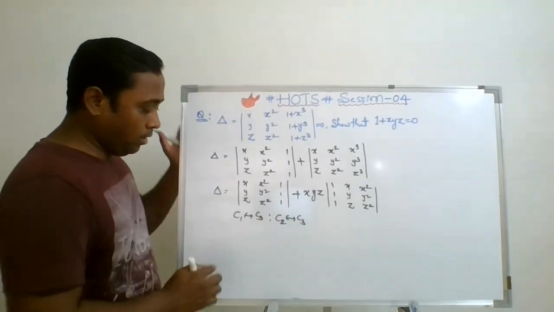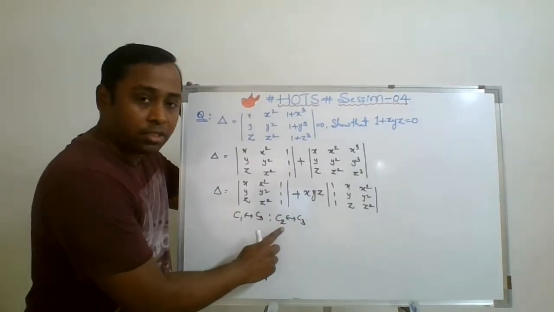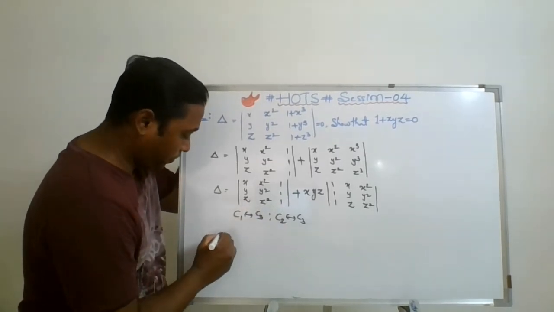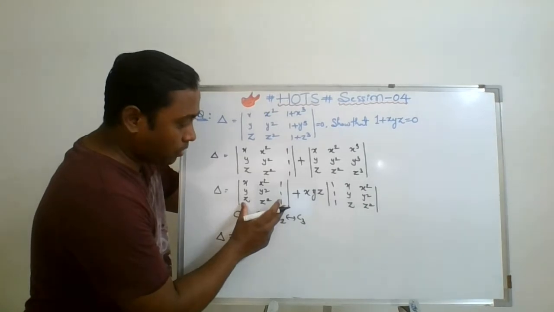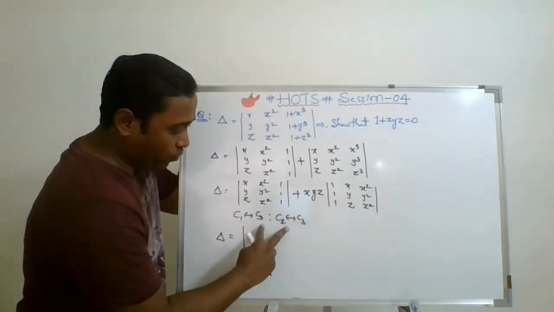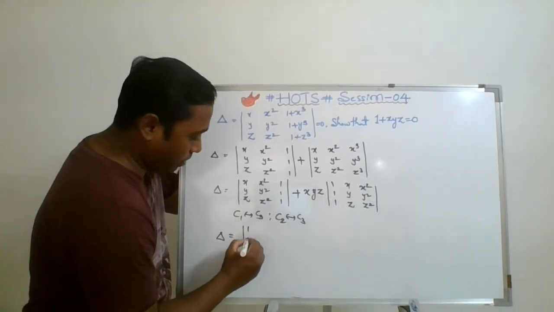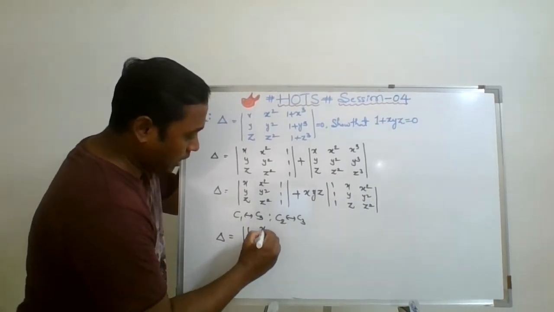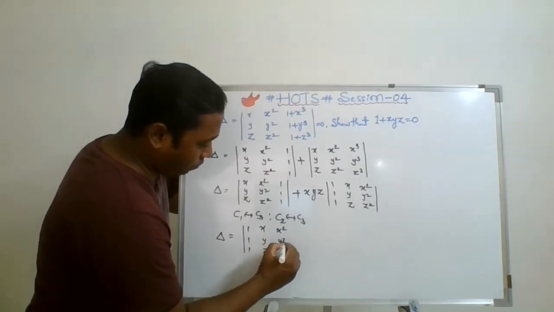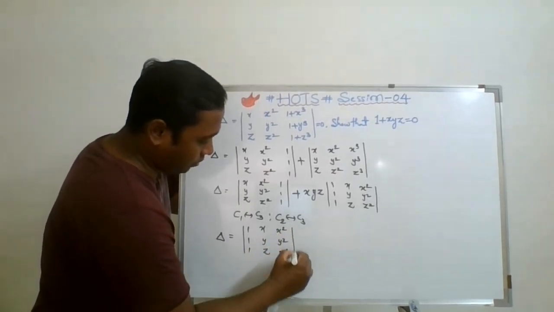Having applied these two operations, this becomes identical with the other determinant just by swapping the columns twice. So it becomes 1, 1, 1, x, y, z, then x square, y square, z square.